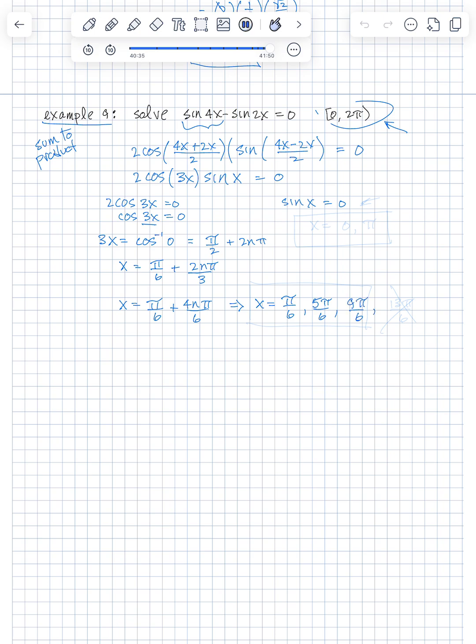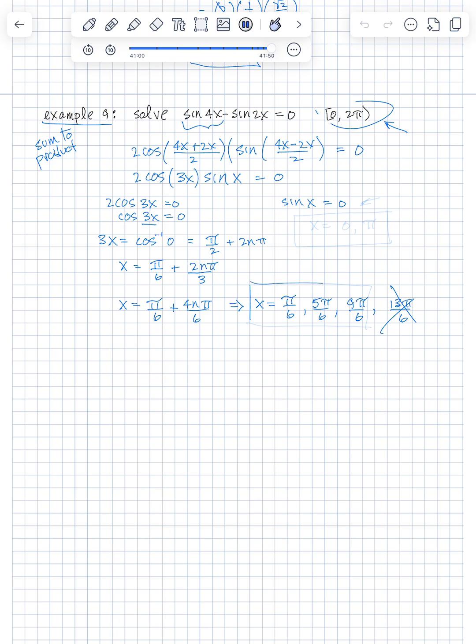And then, what if n is 3? Then we would have pi over 6 plus 12 pi over 6. That would give us 13 pi over 6. But the problem is this isn't in our interval because this is greater than 2 pi, so we're just going to cross that one off.